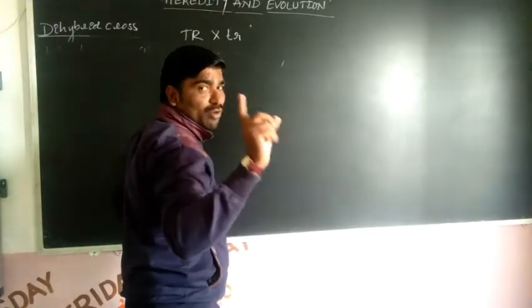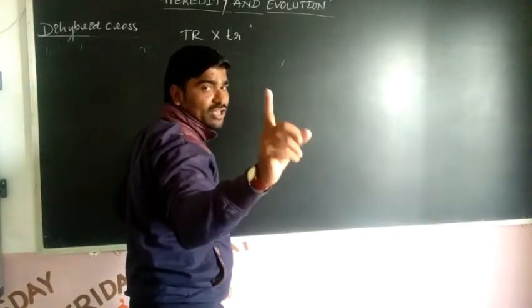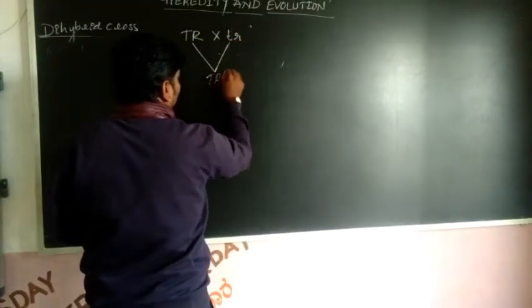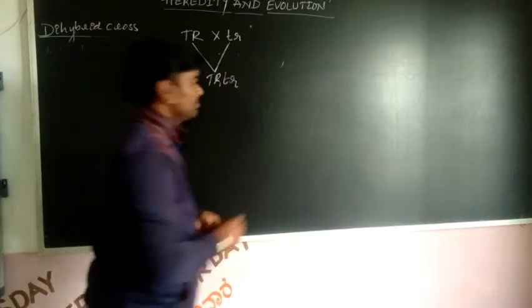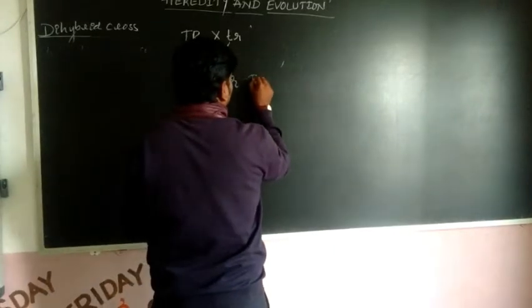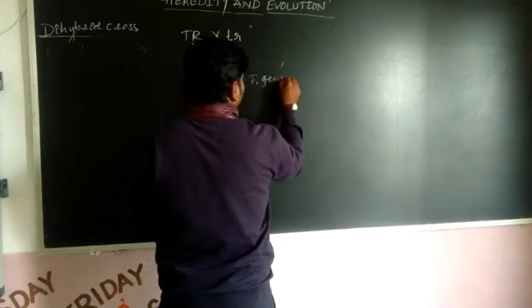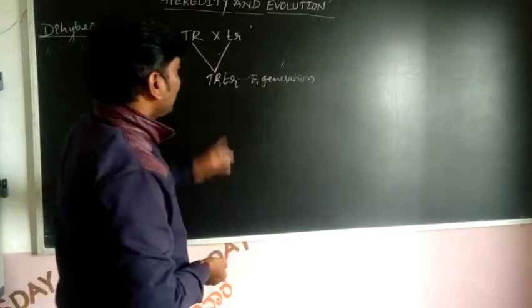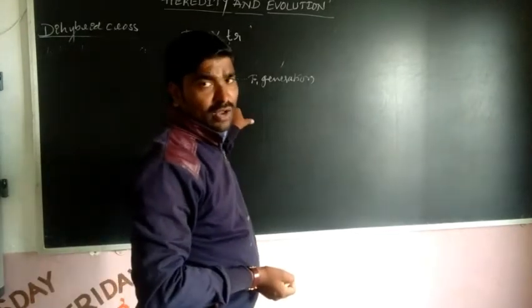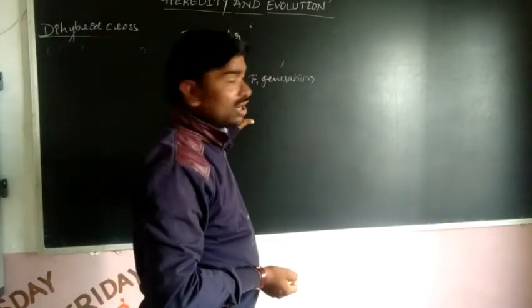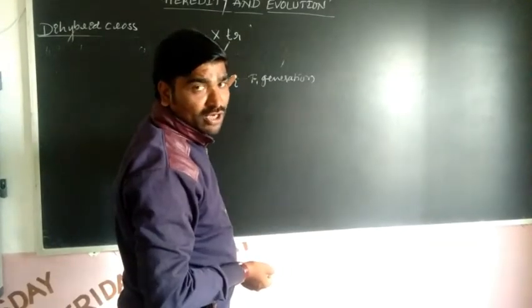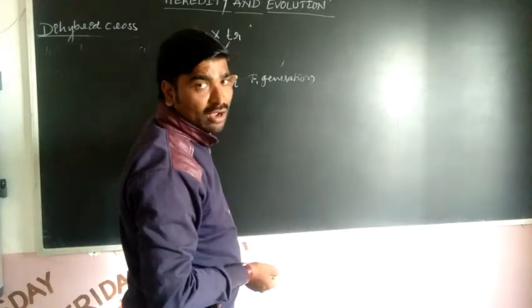So artificial pollination takes place in the first filial generation. All plants become tall plants with red flowers in the first filial generation, that is the F1 generation, because the pollination is artificial, done by Mendel.